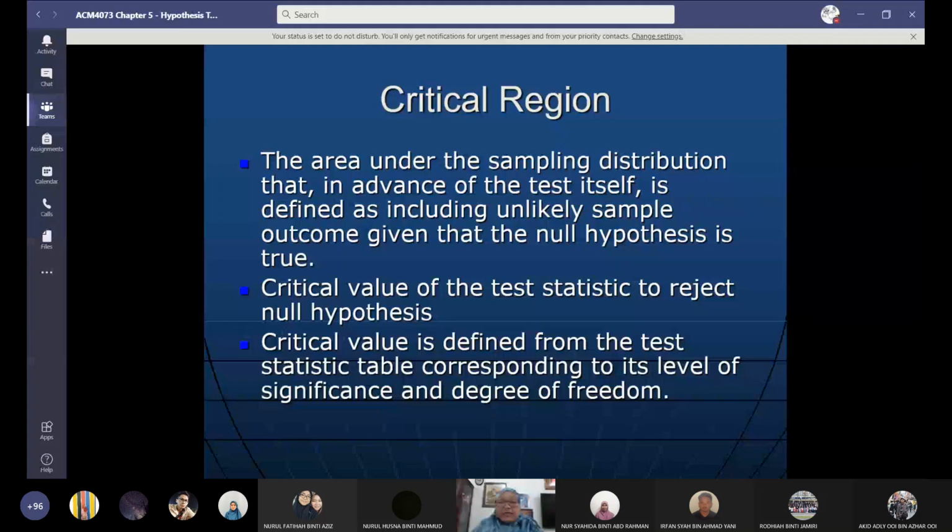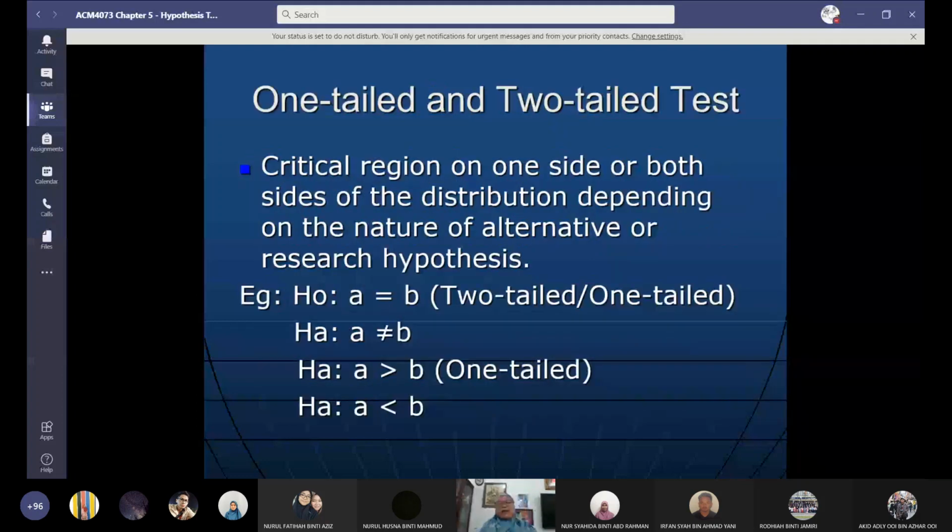The null hypothesis is rejected when the value of the test statistic exceeds the critical value and lies in the critical region. There are one-tail and two-tail tests, with the critical region on one side or both sides of the distribution, depending on the nature of the alternative or research hypothesis.